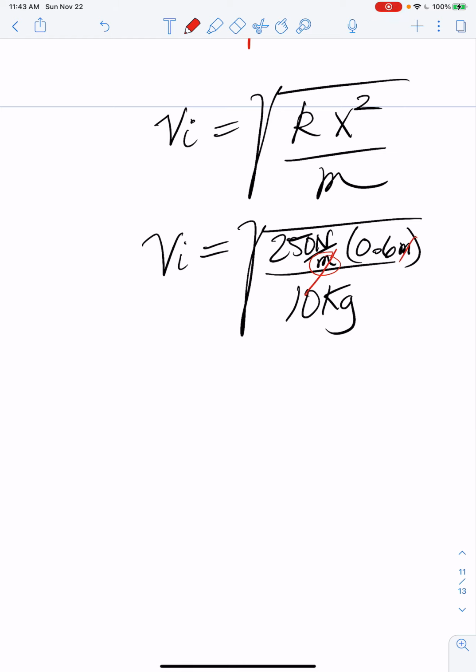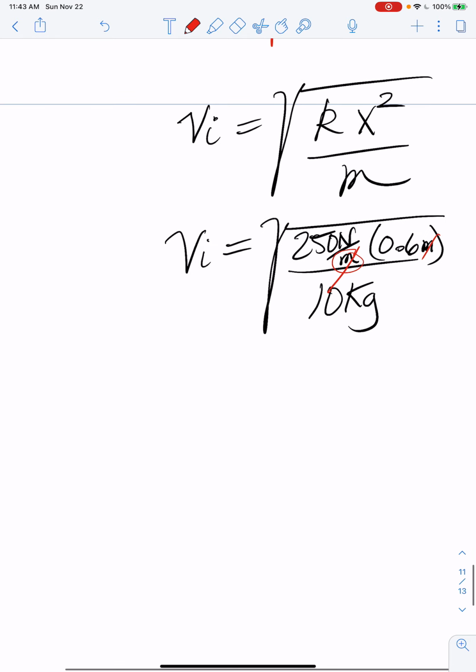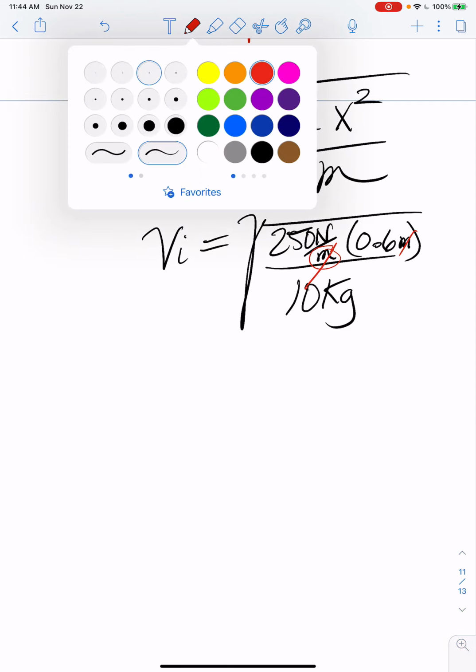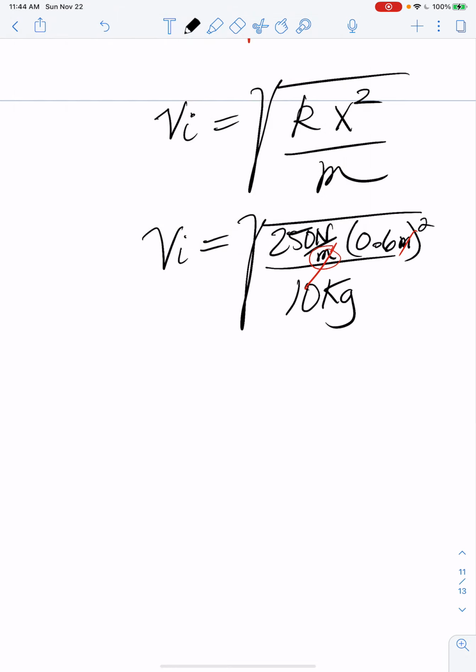So newtons divided by kilograms is what we have left. I don't like that. What did we forget? I feel like I forgot something there. Oh, this is squared. Ooh, almost forgot that square. So this is going to be square meters. So maybe I better slow down on these units here, and we'll deal with them in a second.